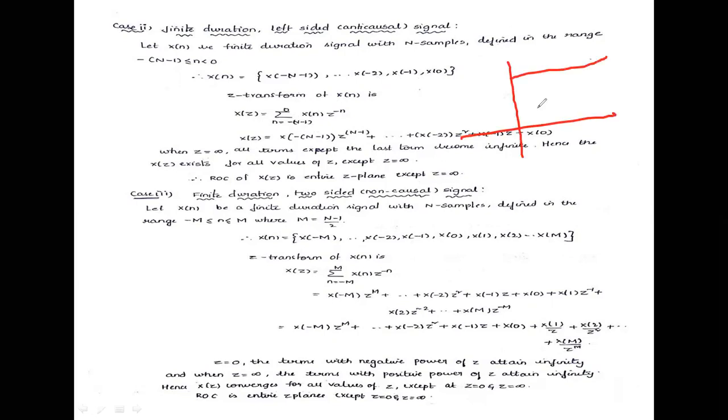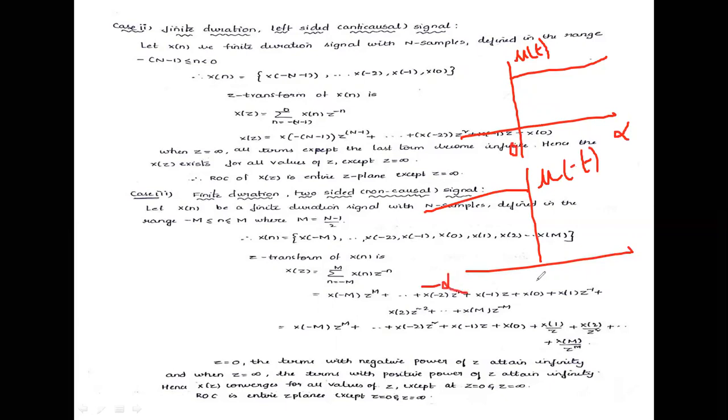So this looks like the right-hand sided, u of t. Left-hand sided means u of minus t. So 0 to infinity here, and here it is minus infinity to 0. But I'm not taking the infinite duration, only the finite duration.